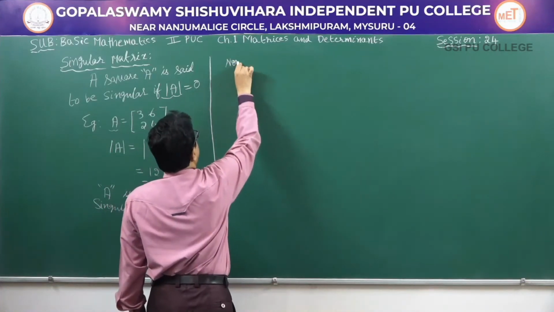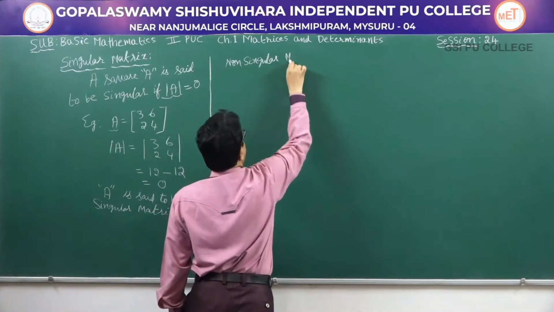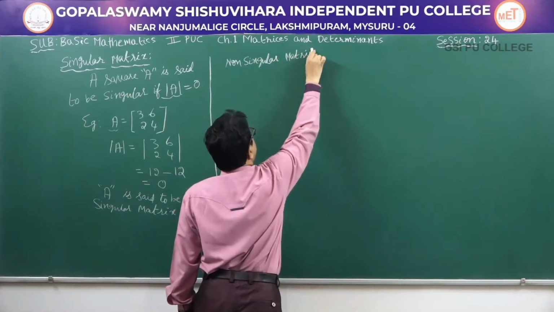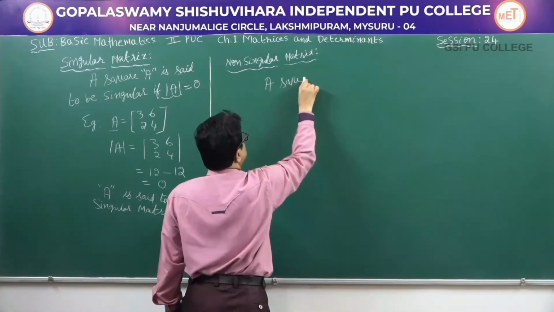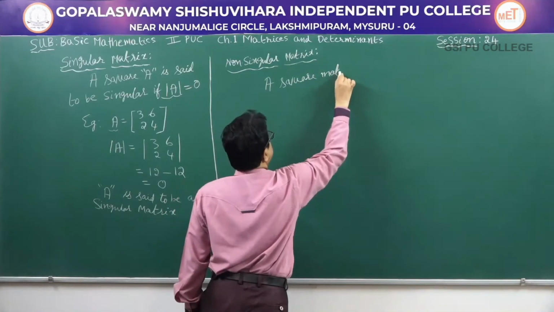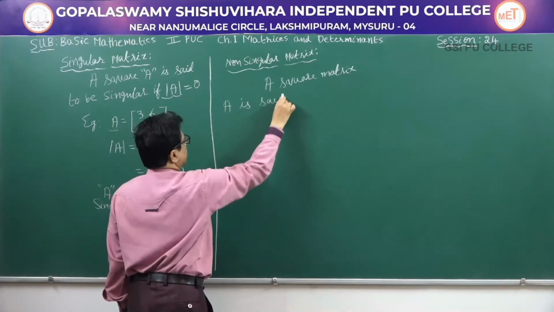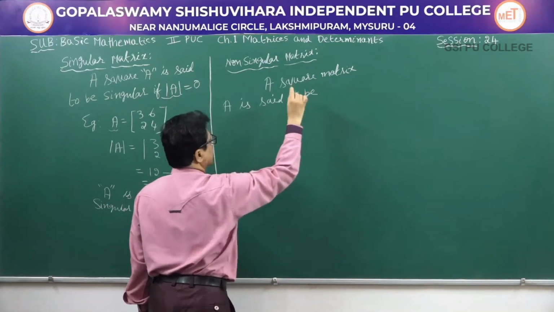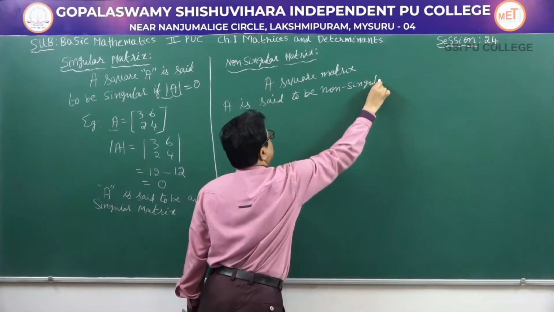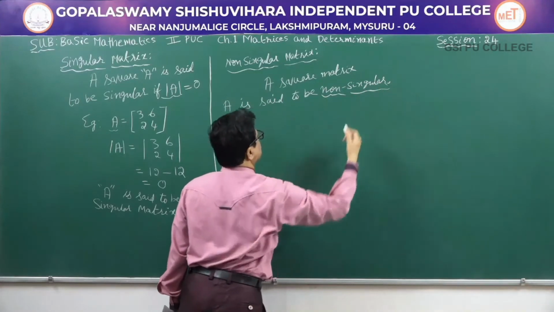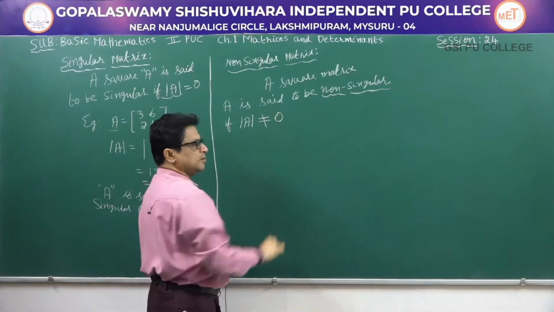Next is non-singular matrix. A square matrix A is said to be non-singular if determinant of A is not equal to 0.